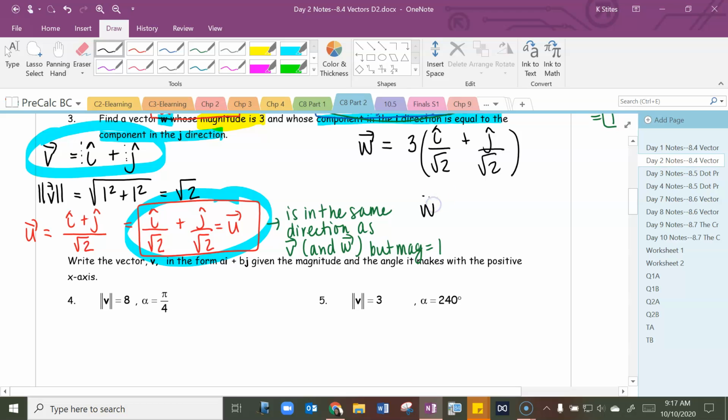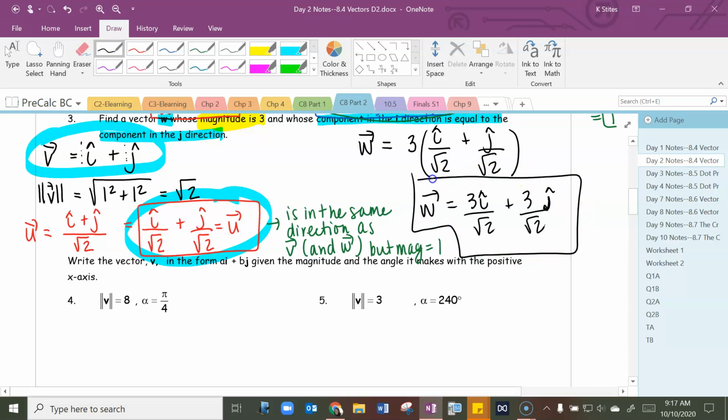And that will give me 3i over root 2, or 3 over root 2 i, plus 3 over root 2 j. That's an i again, j. All right, and this will be your final answer.